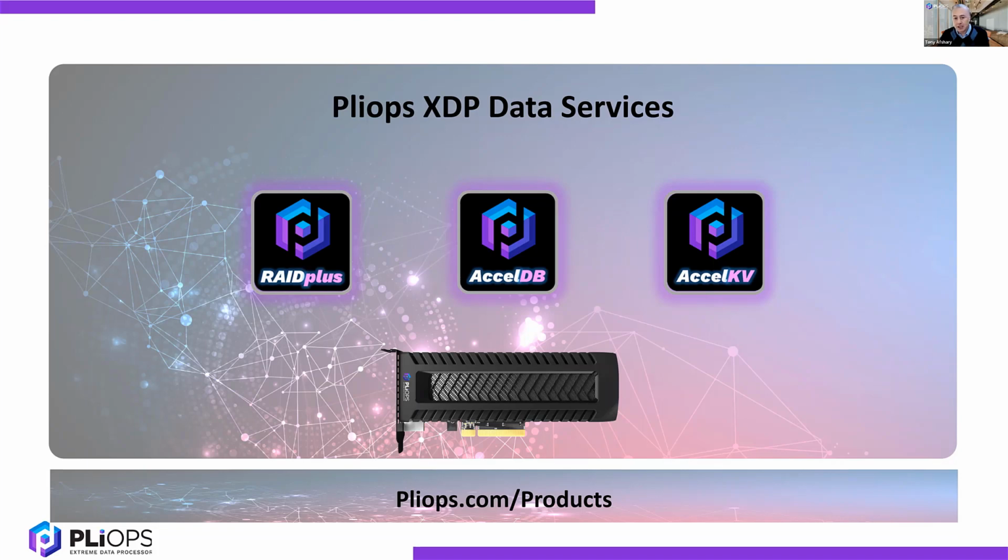Pliops XDB XLKV data service is the best-in-class key-value accelerator solution for storage engines such as RocksDB, WiredTiger, and other NoSQL storage engines. Being a native hardware key-value accelerator, it provides an order of magnitude higher performance and lower latency than software-only solutions.